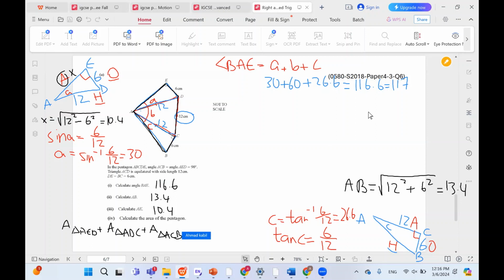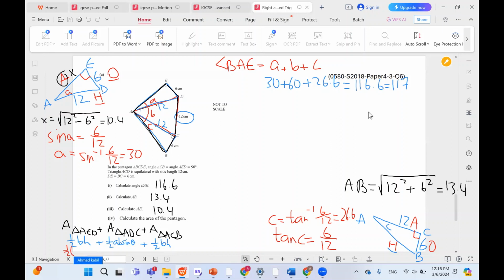So for the right angle triangles, you can use the rule that says area equals half base times height. But for the triangle in the middle, we have to use half AB sine theta in order to find the area. So in the first triangle, AED, we said that the base AE is 10.4.